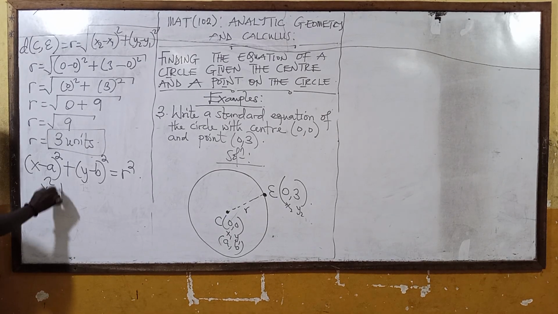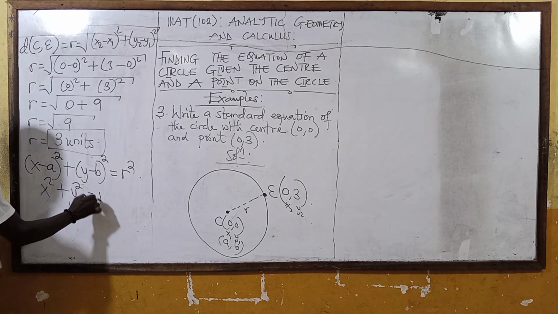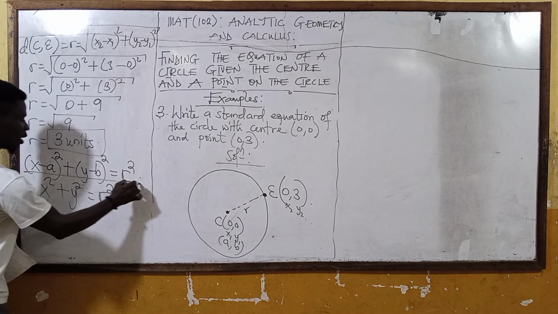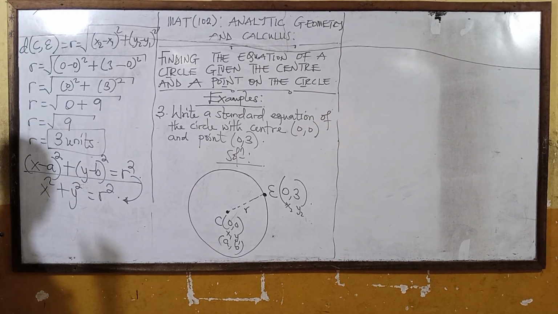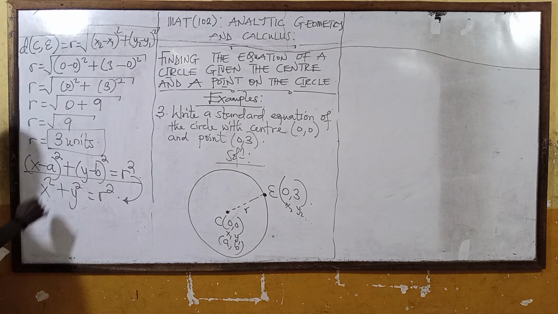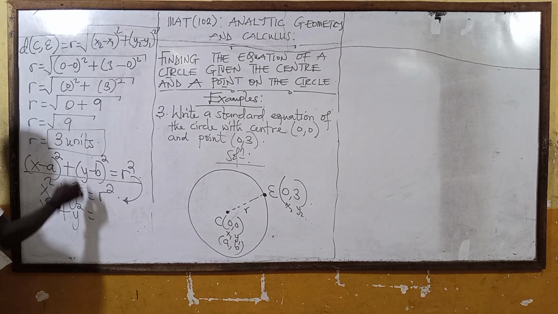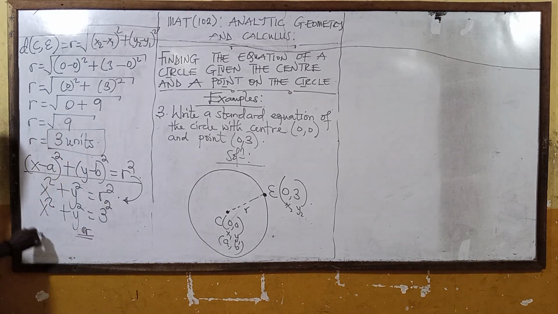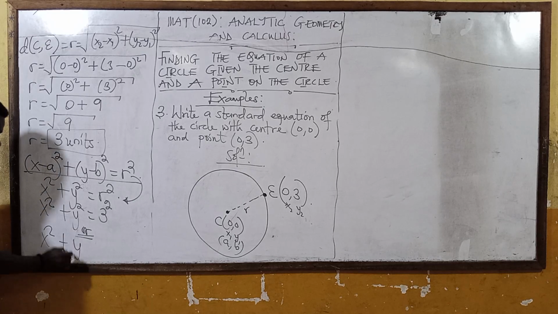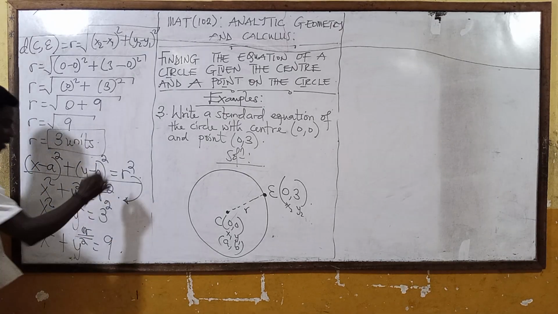So I have x squared plus y squared equals r squared. This one reduces to that because it's centered at the origin. So I have to substitute in only the radius. My radius is 3 squared. Or I can also write it as x squared plus y squared equals 9.